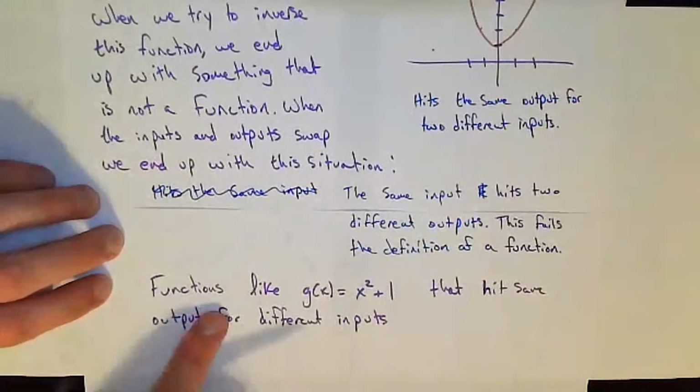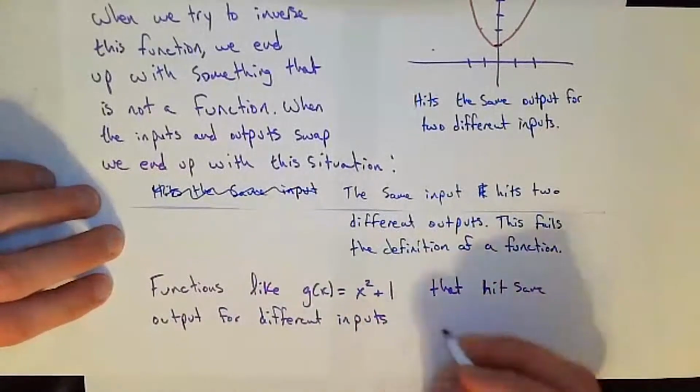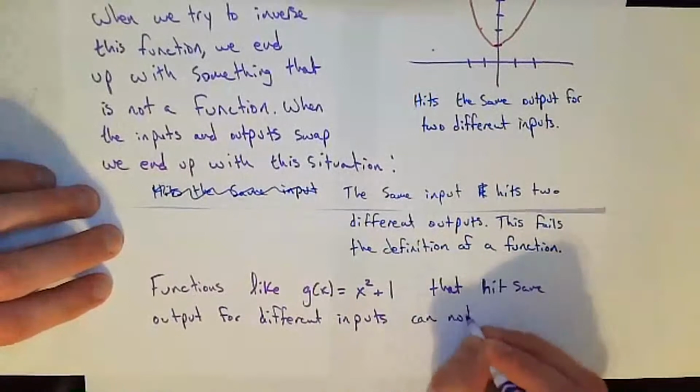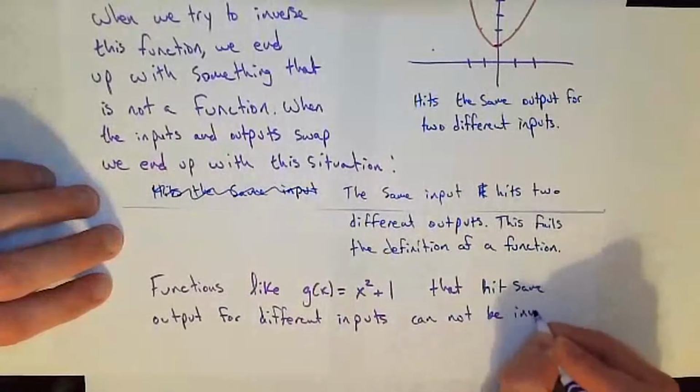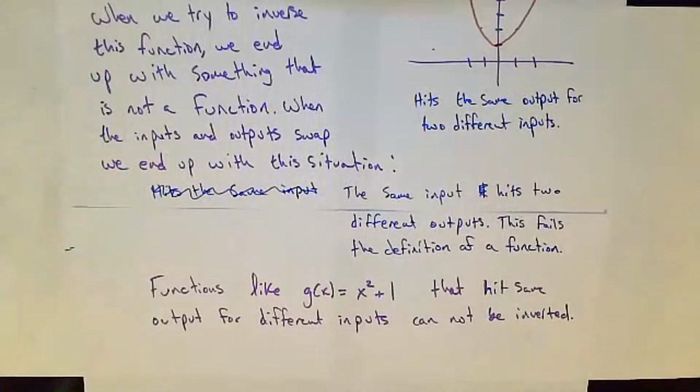They're like these functions. It's still a function, but it cannot be inverted. A lot more writing in this, right? There's a lot to say about this idea of invertibility for a function.